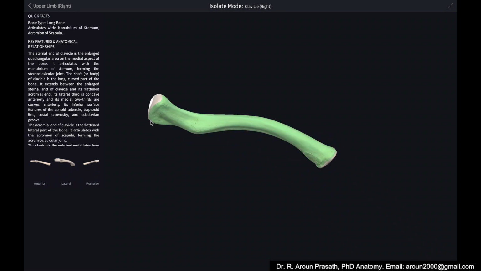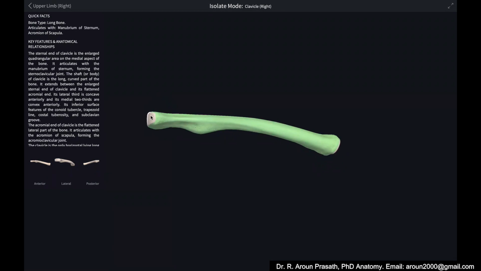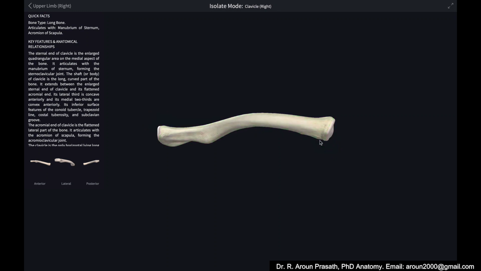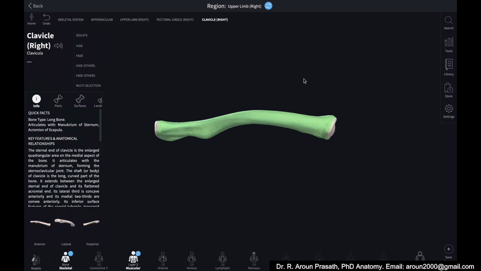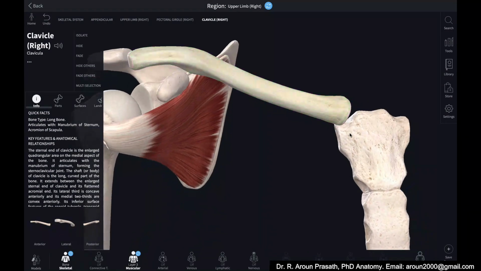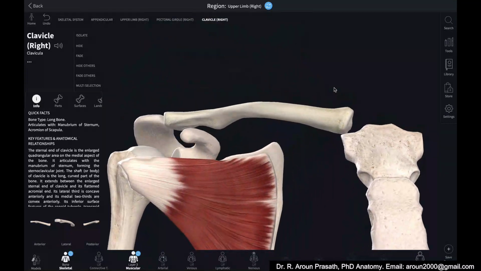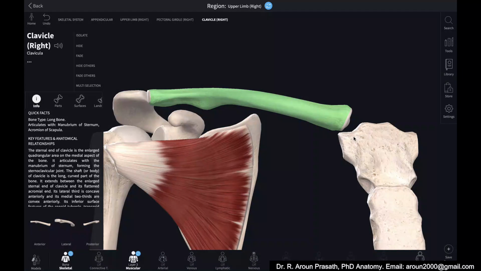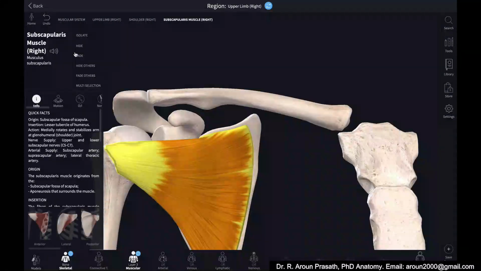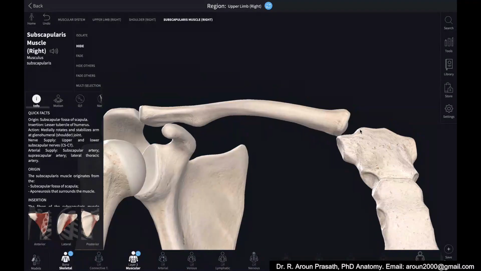This lateral end articulates with the acromion process of the scapula, forming the acromioclavicular joint, and this medial end articulates with the manubrium of the sternum. That's why it's called the sternoclavicular joint.